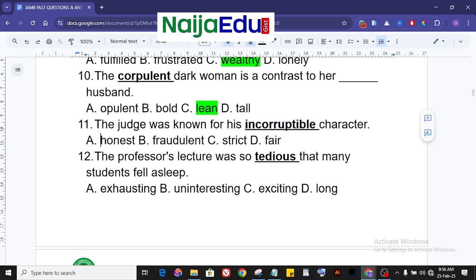Honest is the same thing as incorruptible, somebody who is honest and trustworthy. Fraudulent means somebody who is not honest, somebody who is corrupt. Strict means when something is very hard. Fear is not the opposite in meaning to incorruptible. So the answer we are looking for here is fraudulent, which is opposite in meaning to incorruptible.